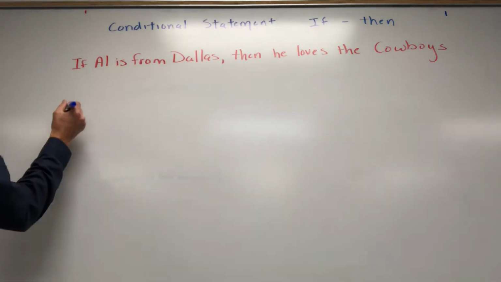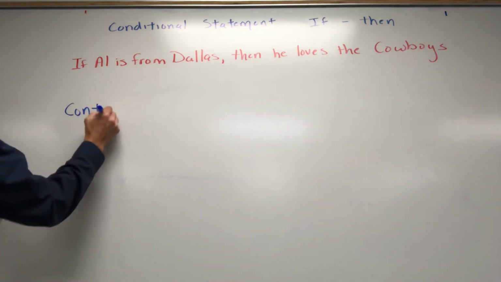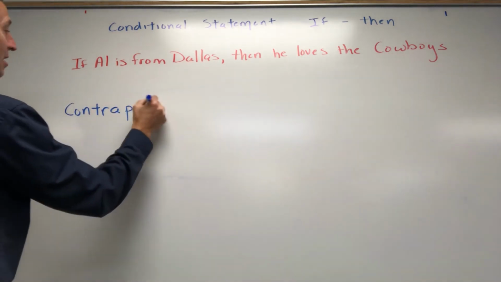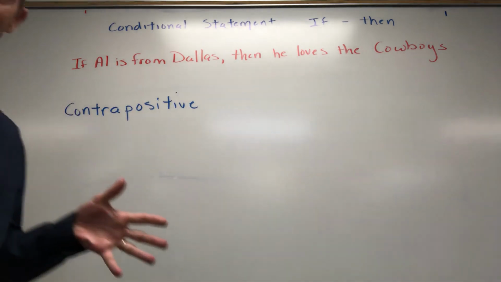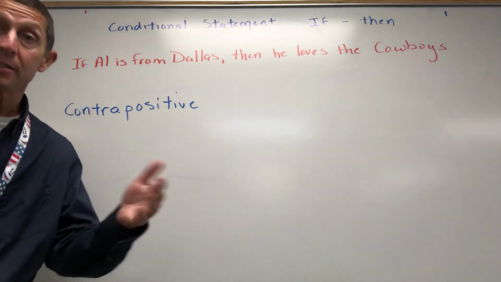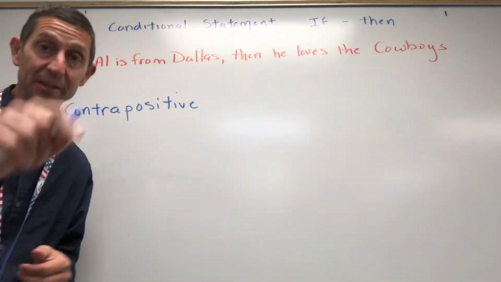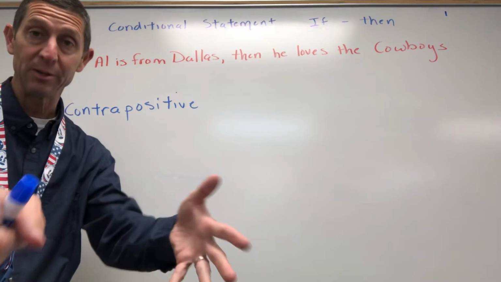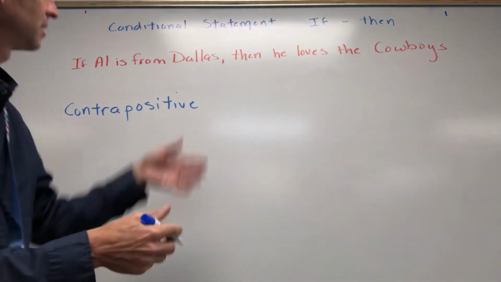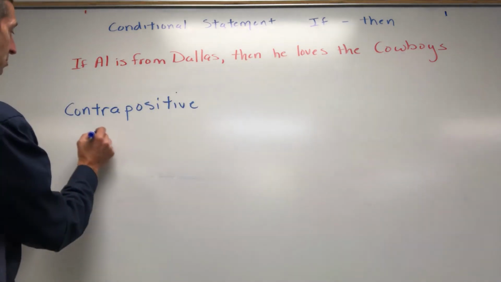All right, let's do the third one. It's a big, huge word, contrapositive. So massive word, contrapositive. It's a combination of the converse and the inverse. It does both. It changes the order and it brings in the nots to change the meanings. So Cowboys is going to be the first part.